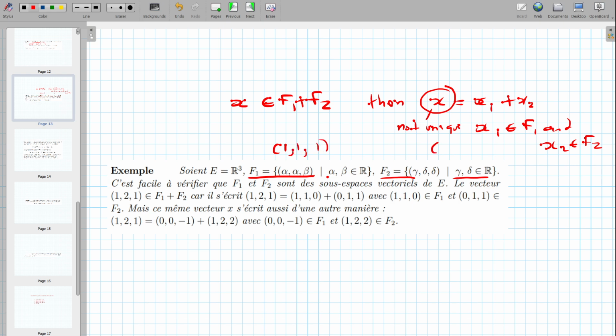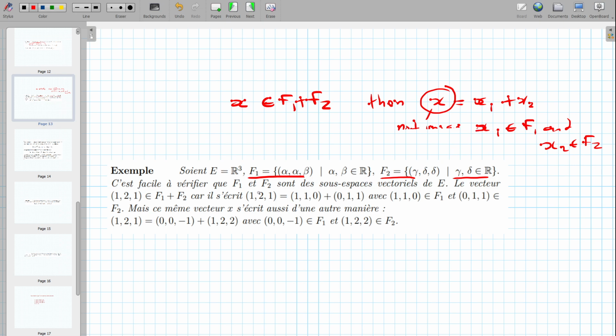And then an example of a vector that is going to be here is 2, 2, 2. All you just have to do is that the numbers that you plug in here are supposed to be real numbers. So you can't put something like i here, for example. You just have to respect the condition that the vectors are supposed to have real valued components. But alpha and beta, and gamma and delta can be any real numbers.